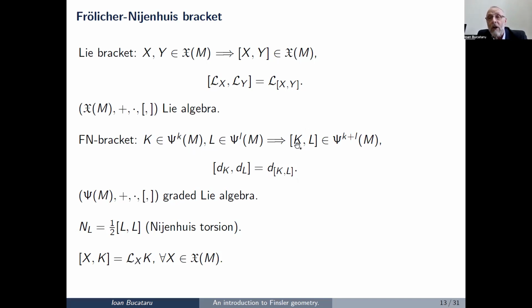This k plus l form is denoted like that, and it is called the Frölicher-Nijenhuis bracket. This is the formula that connects the commutator of the derivations with the Frölicher-Nijenhuis bracket. With this, we can transfer the graded Lie algebra of the set of derivations on forms to the set of vector valued forms.